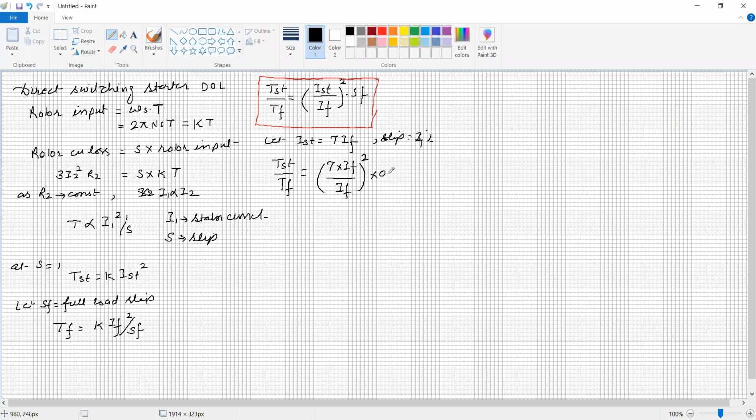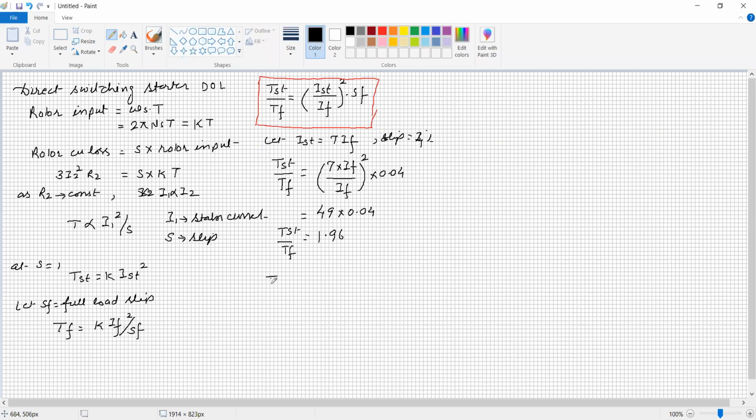So multiplied by 0.04, the full load current gets cancelled, and it is 49 multiplied by 0.04. So it is 1.96, which is equal to starting torque upon full load torque.